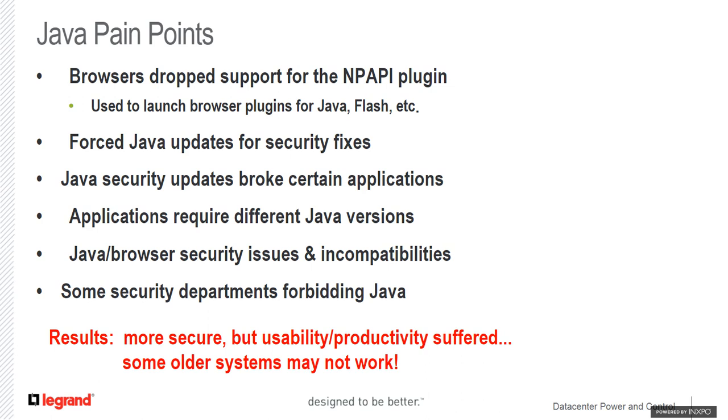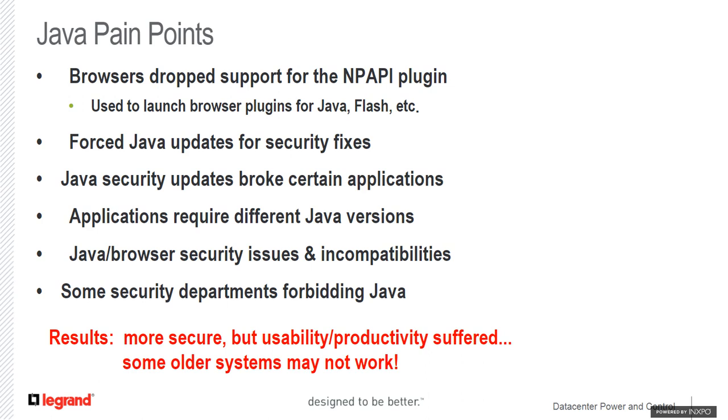I think the result is good that we're at a point now where Java is a more secure technology, but it did sour a lot of people going through this process.